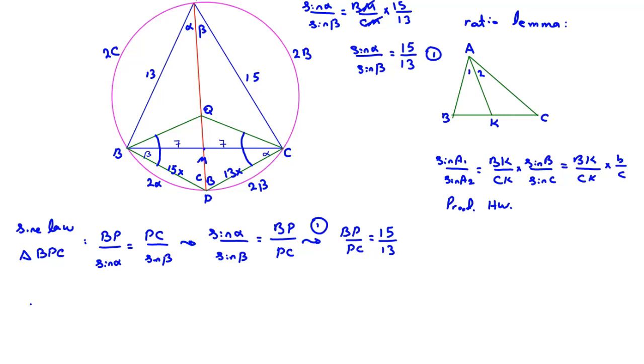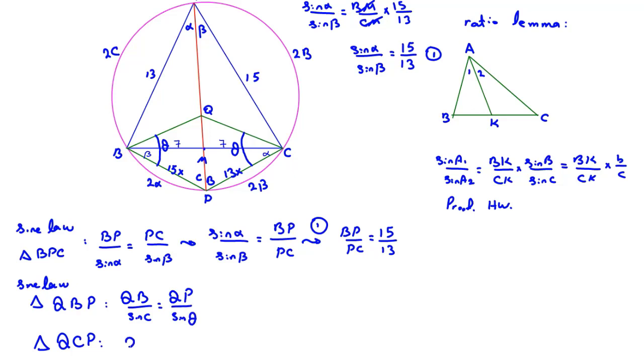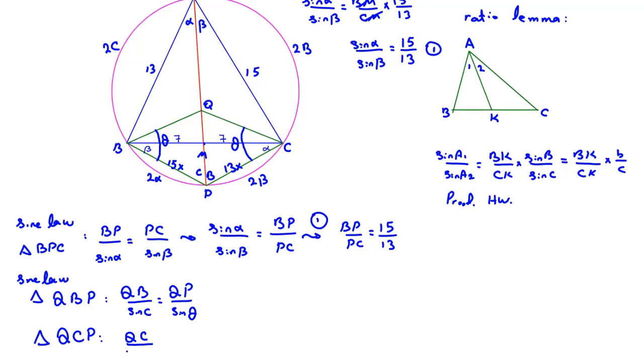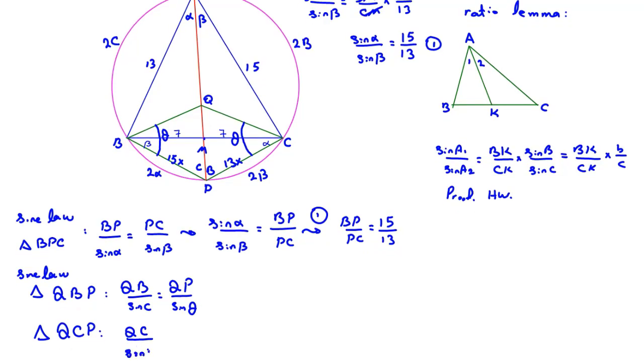Now, the next one, I use sine law in two triangles, in triangle QBP and also in triangle QCP. In QBP, we can say QB over sine C equals QP over sine theta, calling this angle theta. And in triangle QCP, QC over sine B equals QP over sine theta.